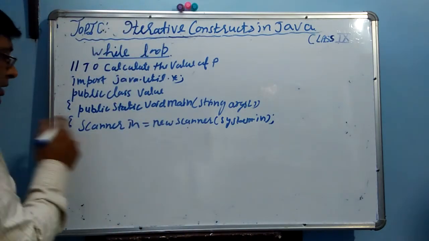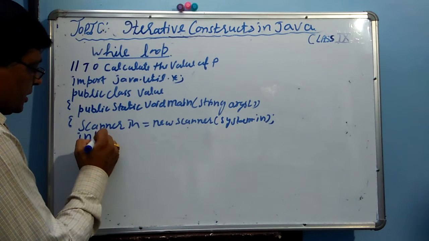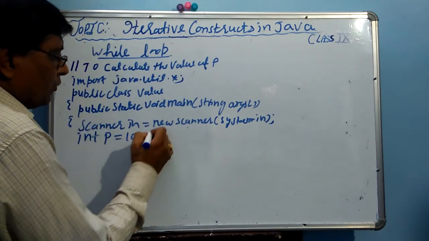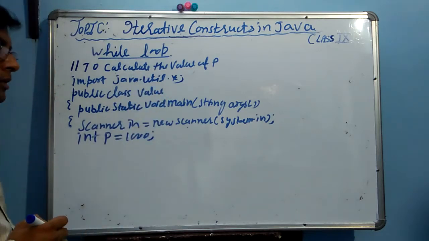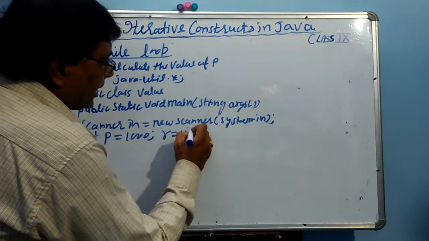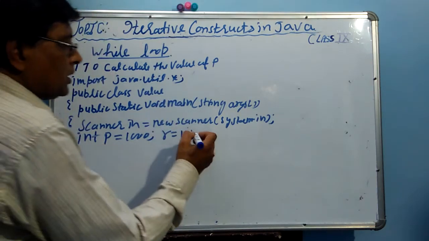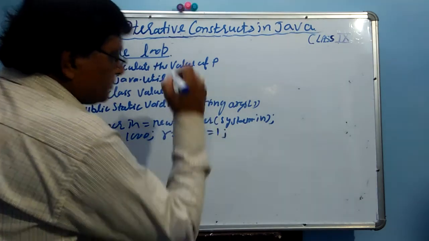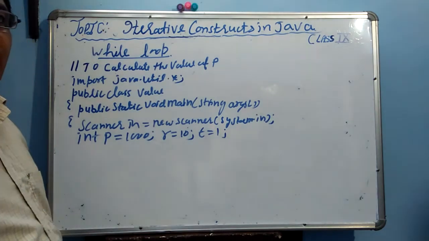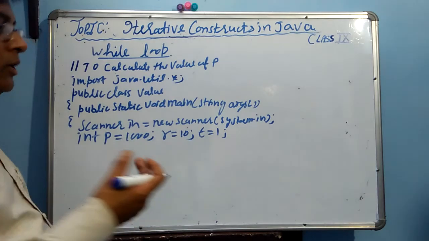Now we are defining integer type data: P is 1000, suppose, the value of R we are giving 10, and the value of time T we are giving 1. And we have to calculate the value of P.